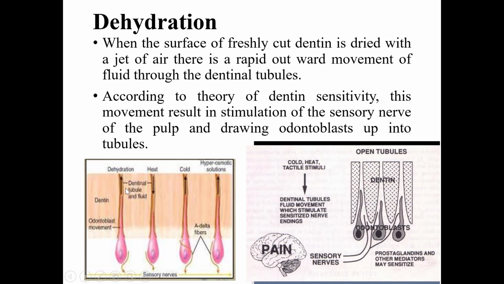This will cause an outward movement of the fluid in the odontoblastic process. وأيضا راح يصير عندنا odontoblast cell movement inside the dentinal tubules, called aspiration. في حالة الهيت application راح يصير inward movement، وفي حالة الcold application outward movement، وفي حالة الhyperosmotic solution, if we apply hyperosmotic solution on the dentine surface, there will be outward movement as well. كل هاي ممكن إنه تسبب لنا stimulation of the sensory nerve واللي تسبب لنا sensation of pain.